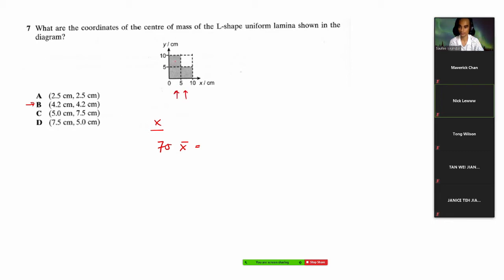In the x-axis, the whole thing is 100, 10 times 10, minus this white square, which is 5 times 5, 25. So that's why we have 75.